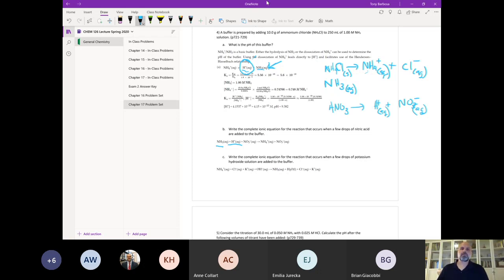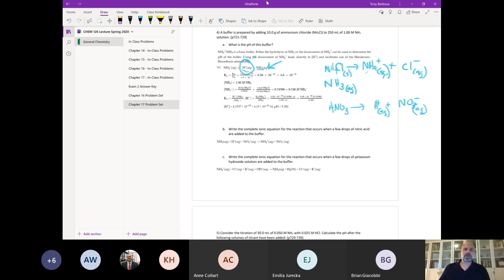Of your ions, the ammonia is going to react with the protons. The nitrate ion is just a spectator ion, which shows up on both sides of the equation, so you end up basically just adding in the extra nitrate ion that's in solution.